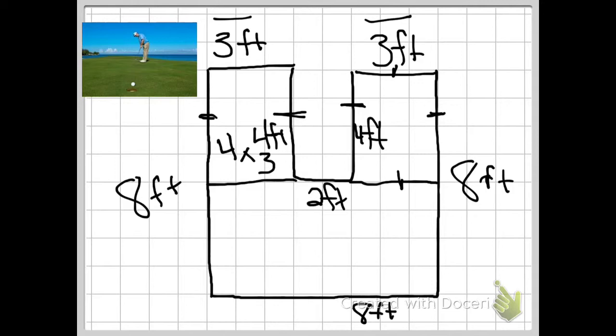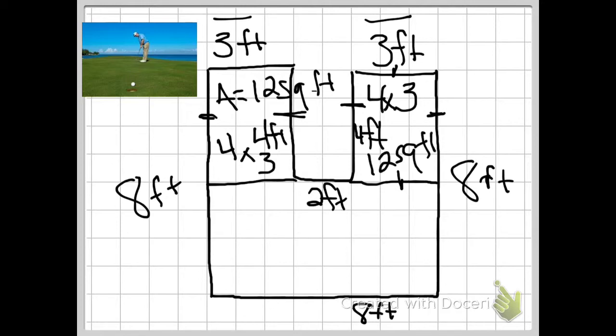So the length would be 4 times the width, which would be 3. And if I wanted to find the area of that, I could just multiply 4 times 3. Area would equal 12 square feet. And since that's the exact same problem, area would equal 12 square feet.